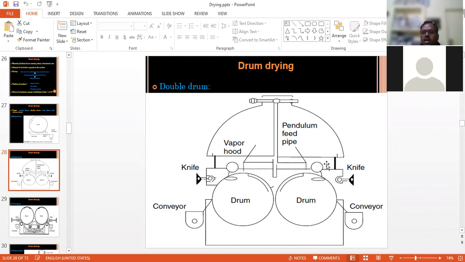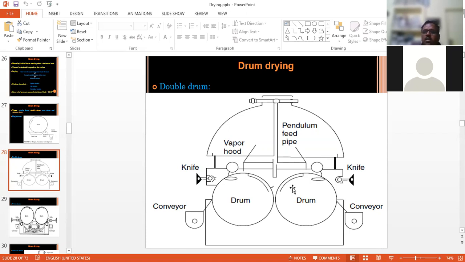This is the pendulum feed pump pipe, and this is the knife, and the conveyor is rotating.